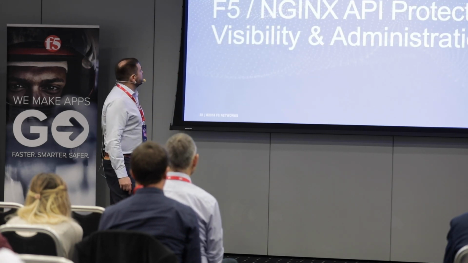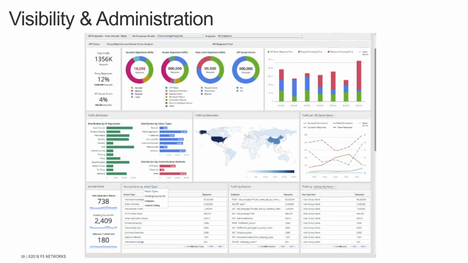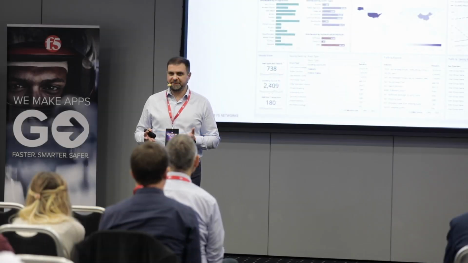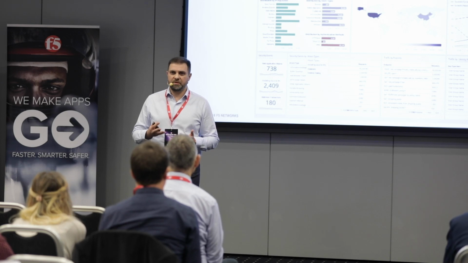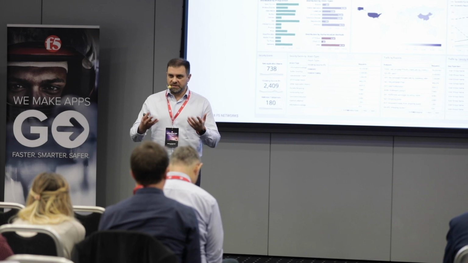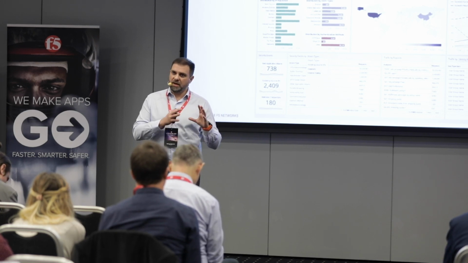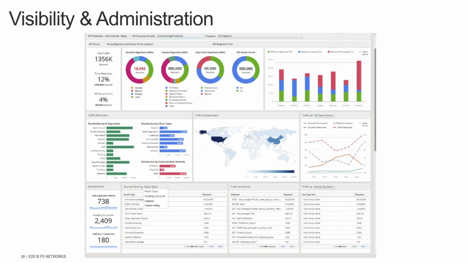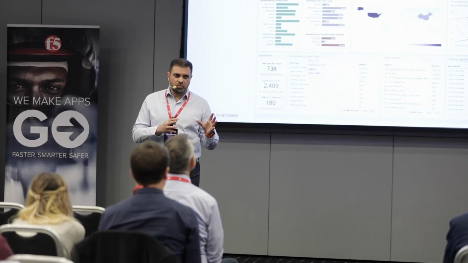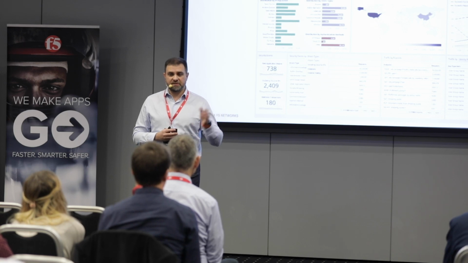Okay, the last part is visibility and reporting. Very important. Without visibility, there is no security. If you are not aware of what is happening, what kind of API calls your devices are processing, how many of them were unauthenticated, how many were authenticated, how many attacks we have seen in the payload or in the requests.